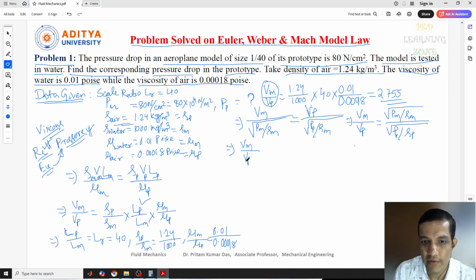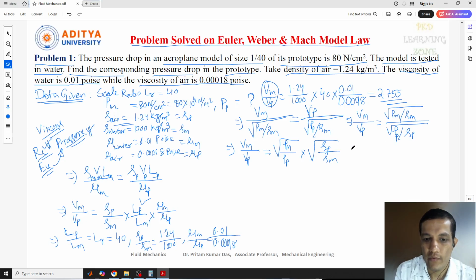Why am I keeping this Vm by Vp? Because I already got the value here. That's why I am not making it Vp by Vm. So again you can write this as root over of Pm by Pp into root over of rho p by rho m. This equation I have just separated in this way.